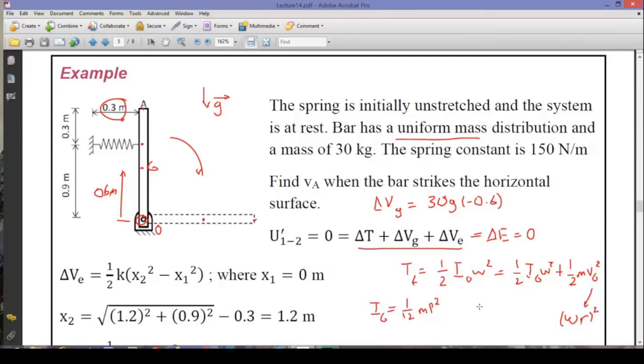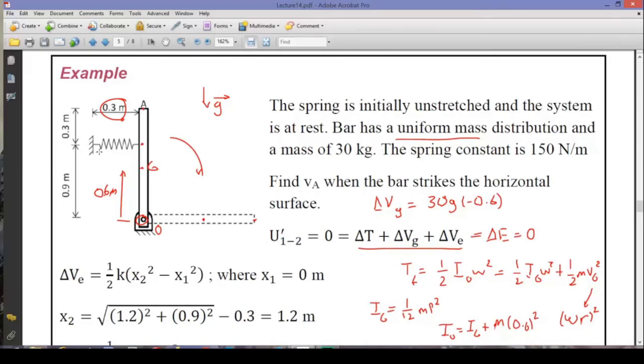And you can make use of this information, or you can calculate IO to be equal to this Ig information plus m, and the r here is 0.6, 0.6 squared. That's another way that we can formulate the kinetic energy.